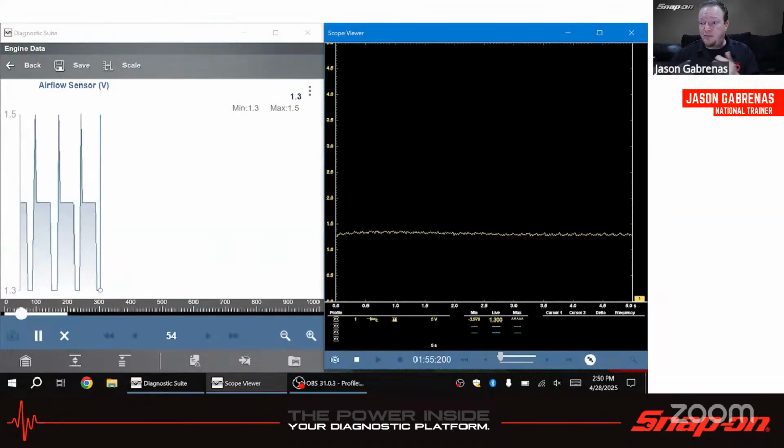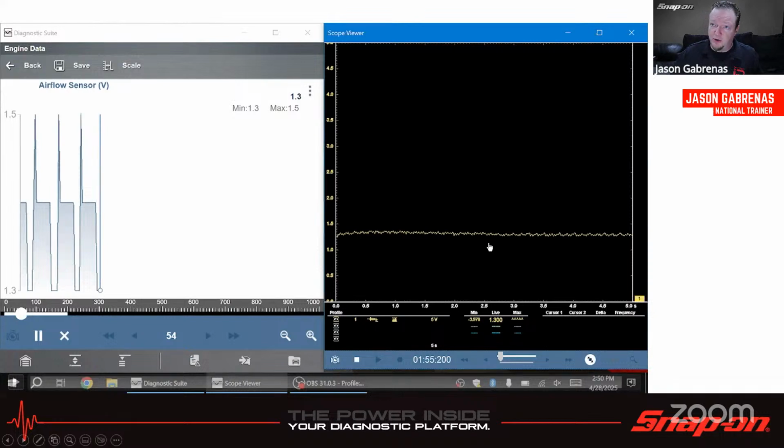Here's another example I did just a few weeks ago. So this is, of course, scope hooked up to a mass airflow sensor. And I see about 1.3 volts, fairly steady, a little bit of movement, but 1.3 volts here, 1.3 volts there. But if I look here, it goes up to 1.5 volts occasionally on the scanner.